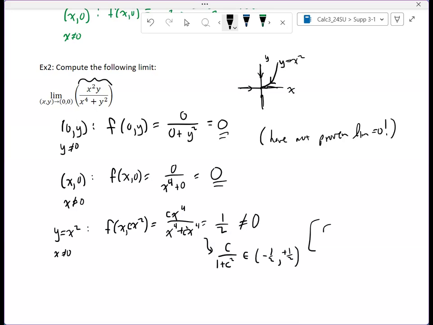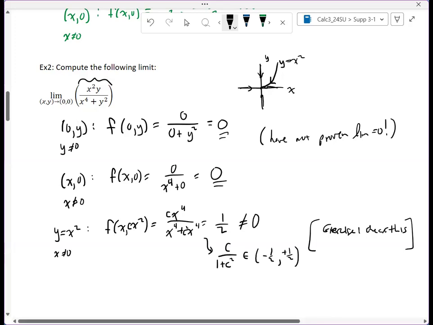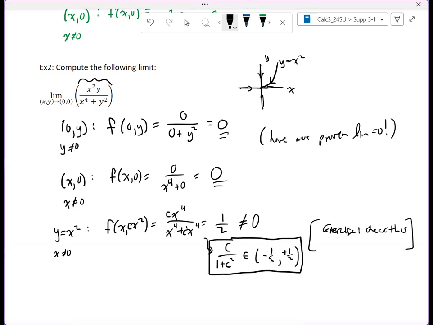And as an exercise, check that the outputs of c over 1 plus c squared are indeed in the interval minus 1/2 to plus 1/2. Little Calc 1 exercise, just to review some things about maxes and mins and horizontal asymptotes, things like that.